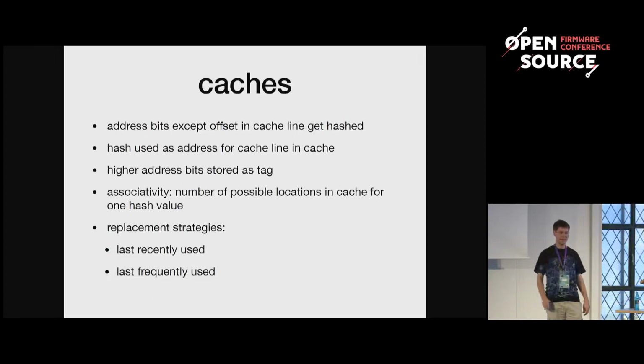That's the least recently used. Or you have the least frequently used strategy, where you see how often a cache line was accessed, and the cache line that was accessed least often gets replaced. There's also the random replacement strategy, but those two strategies are better.